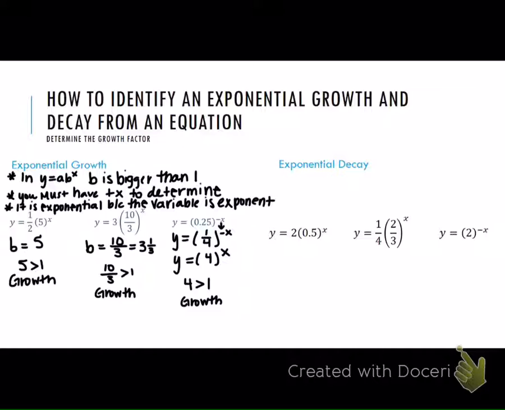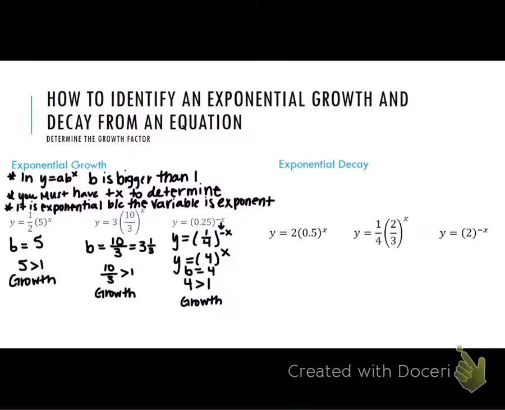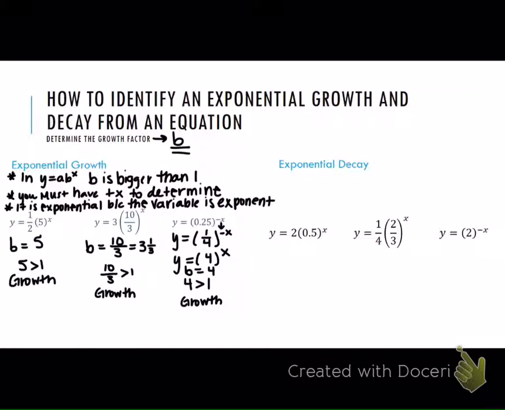So your b value is just your growth factor. Our growth factor, our b value, b represents the growth and decay factor, is just the base of the exponent. So when we talk about growth factors or decay factors, we use the letter b. Just like when we talk about slope, we use the letter m.